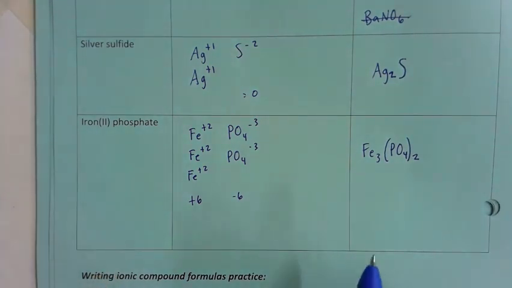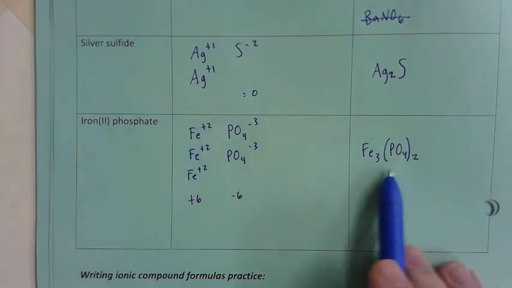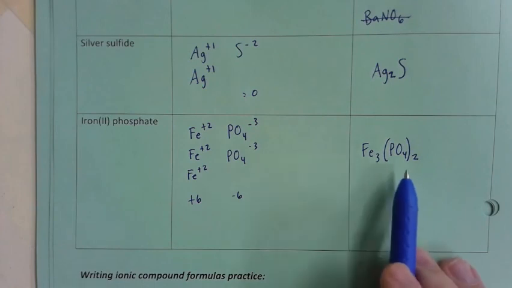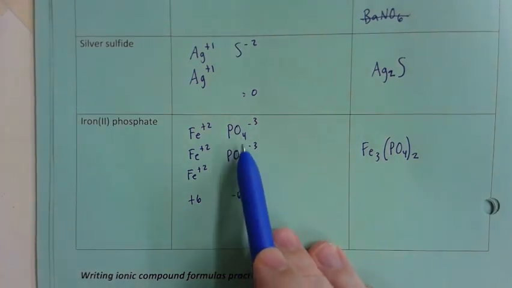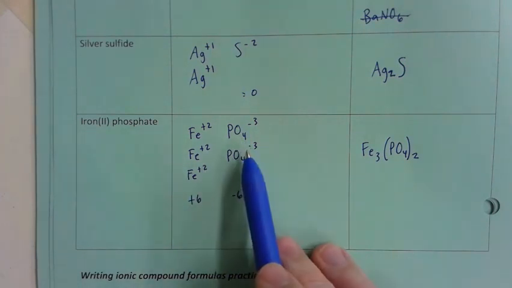All righty. So hopefully this gave you a little bit of confidence in writing out our ionic compounds. Please, please, please take note of when we use parentheses and when we don't. We want to use parentheses when we are using multiple polyatomic ions, right, to cancel out our charges.